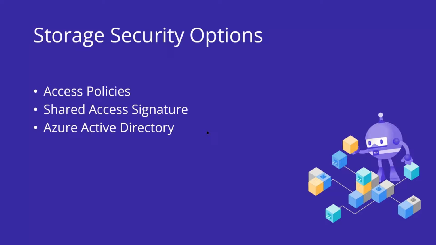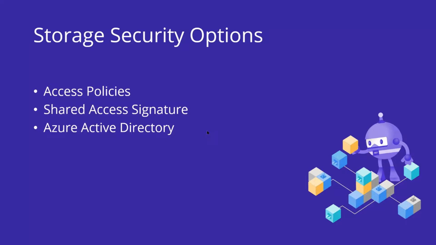As you saw, that blob storage container was available to me publicly, and because of that, we tied down some specific security options for it. These three are the ones that I really want to highlight. With access policies, you can set options on what specific things someone can do with your blob container or the files within that container.